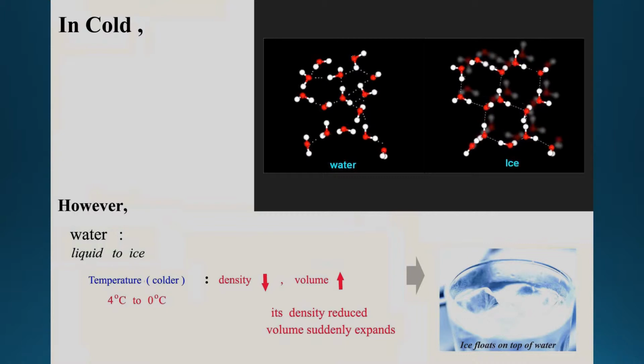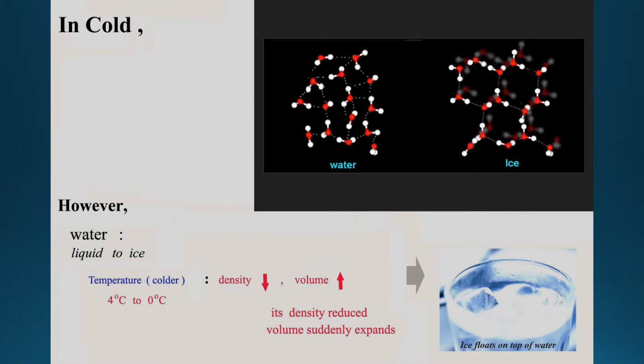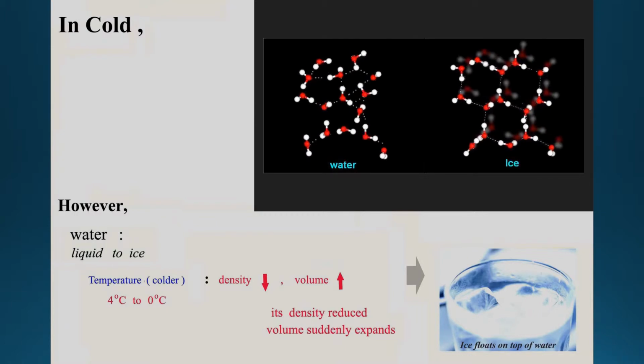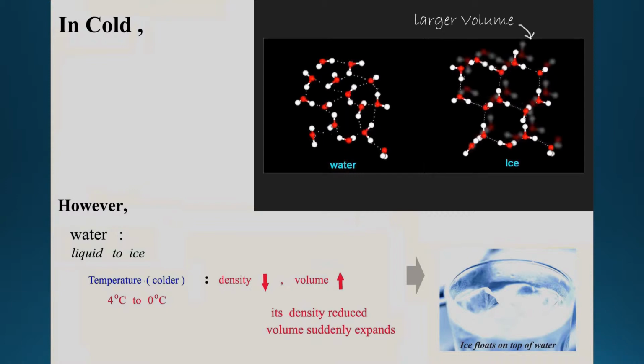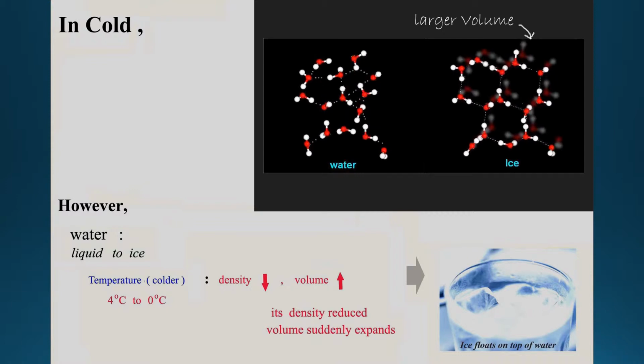But what's the difference? Liquid water molecules are constantly moving. How about ice? Ice doesn't move. In this picture, it shows that ice has a larger volume. If you look, which one has the larger volume? Ice.